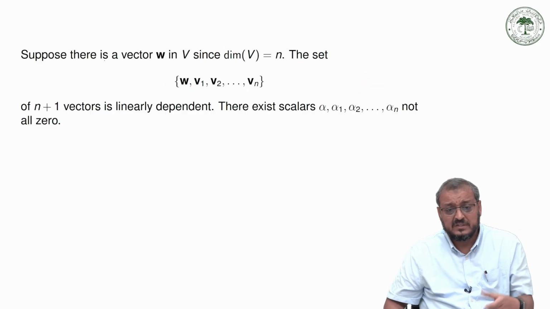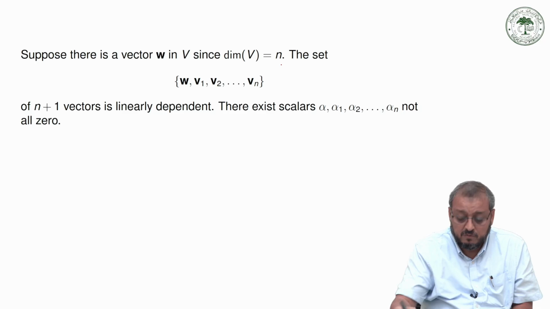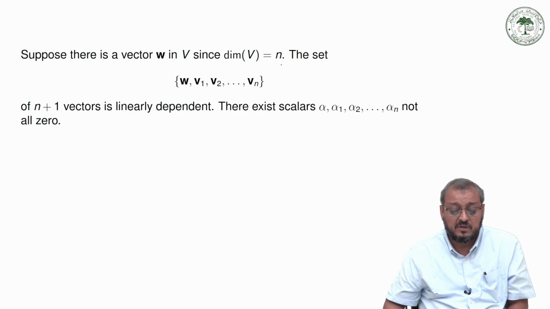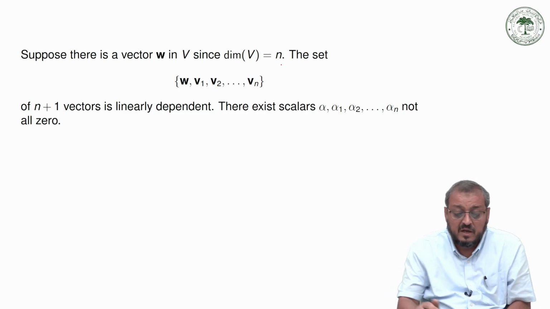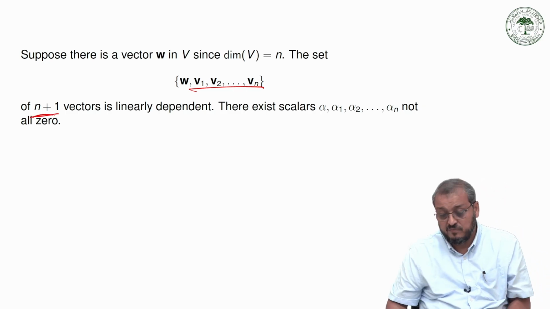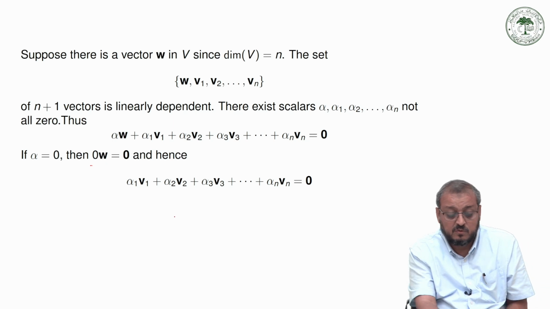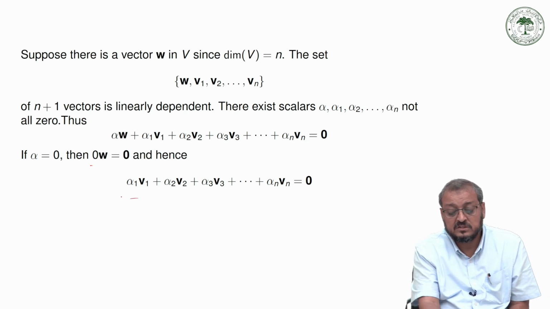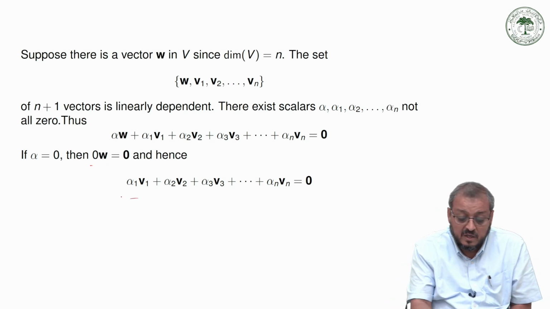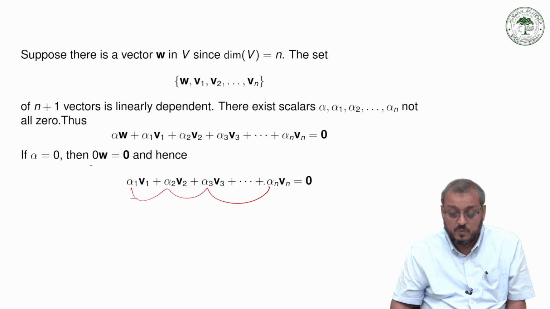So suppose there exists a vector w in V, and we take w, not dimension, because there are n plus 1 vectors. So this means there exists at least one of them not equal to 0, and then we add the 0 vector here. But this is not possible.